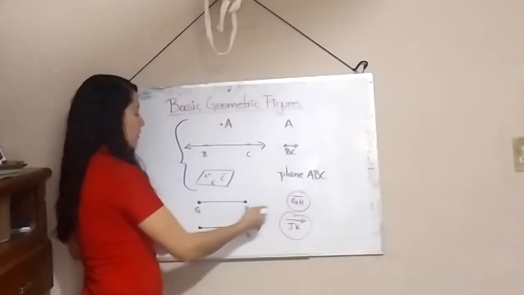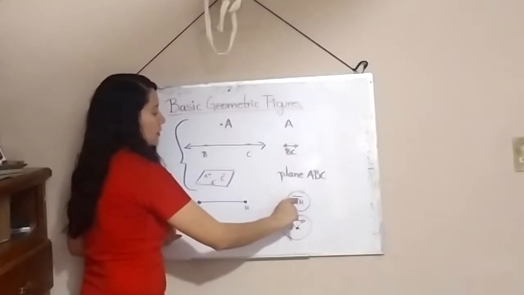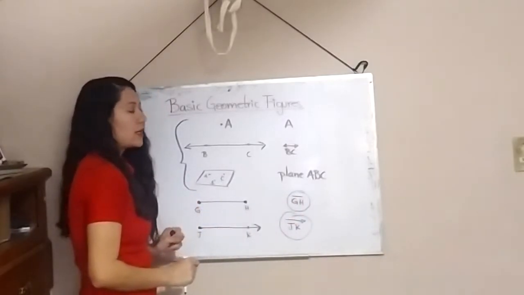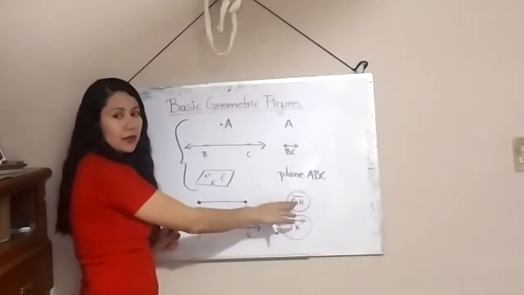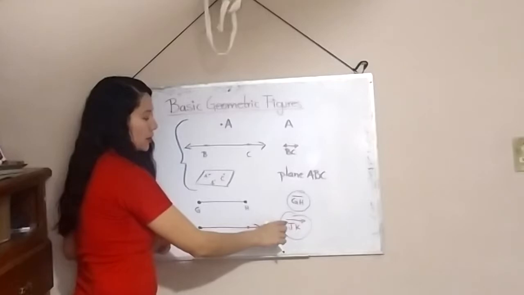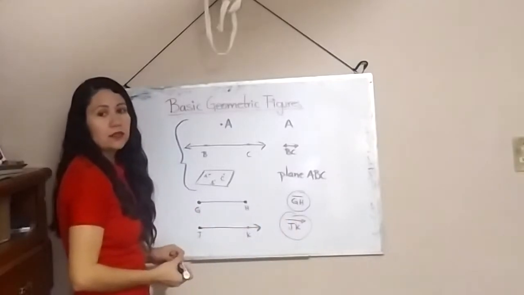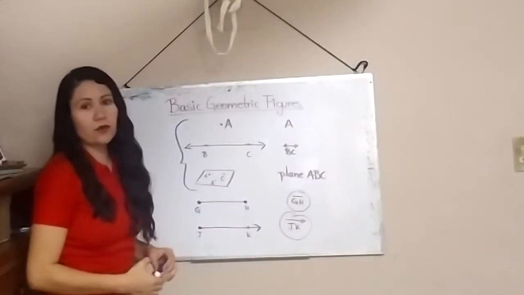We choose the letters that we are going to mark, and we make this part of a line above it. This is the symbol for segment. And for ray, we start the line and end it with an arrow, meaning that it has a beginning, but it has no end.